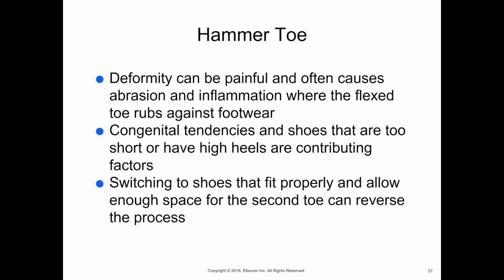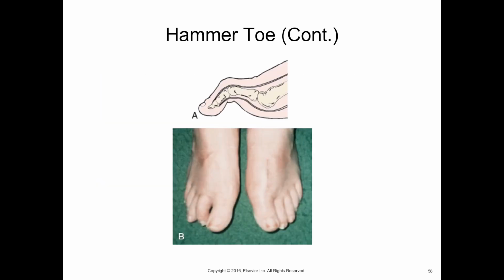It can be congenital, but it's also associated with individuals that always wear high heels and children that don't have proper fitting shoes, especially shoes that are too small. So you see here, this child has an obvious case of hammer toe on their right second phalange.